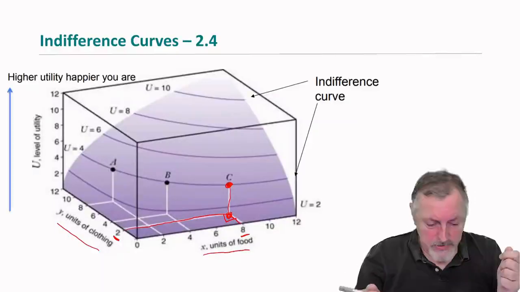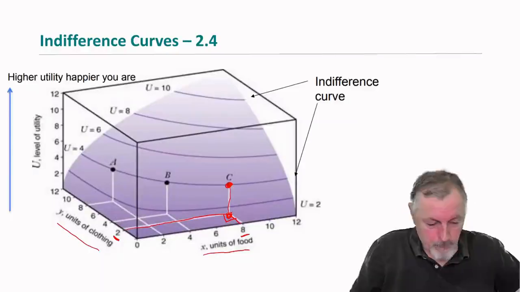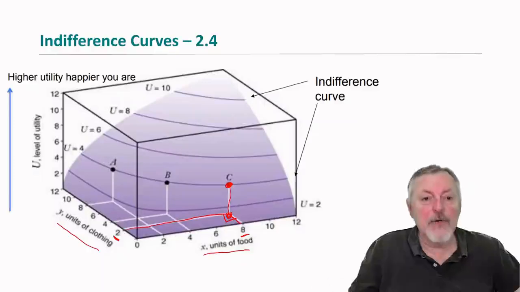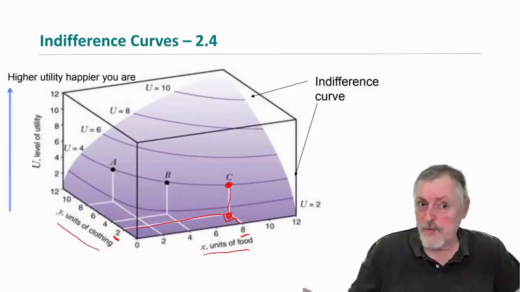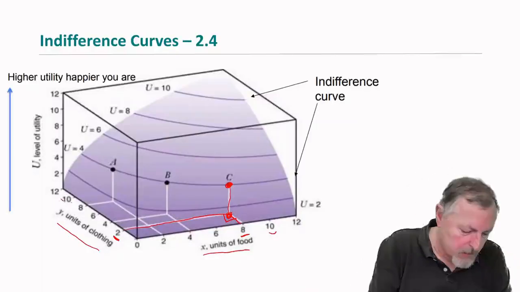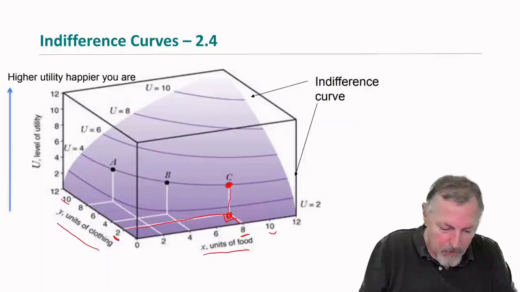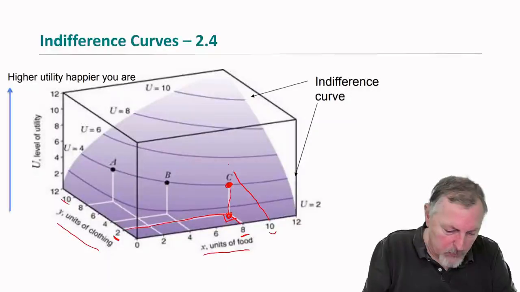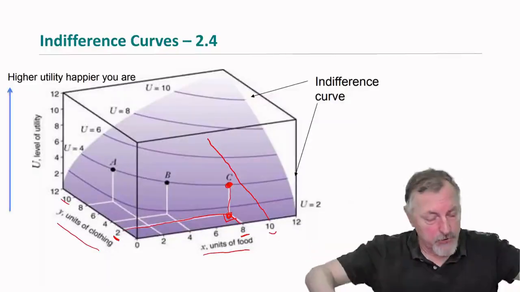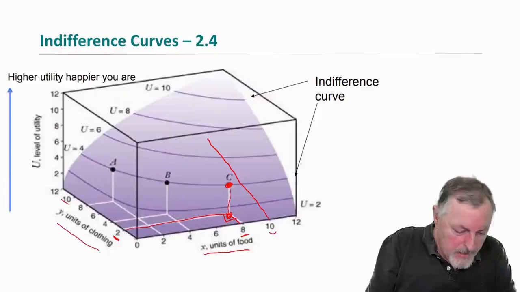Now let's say there was another bundle. Let's say 10 units of food and 10 units of clothing. Well, you have more of both, so you'd figure you'd be happier. To plot that, you would go 10 in that direction, again looking down, this is all in 2D, and you'd go 10 in that direction.